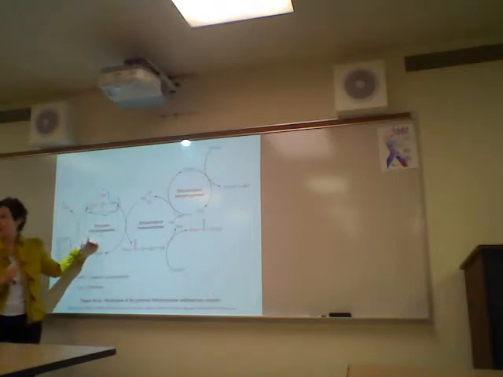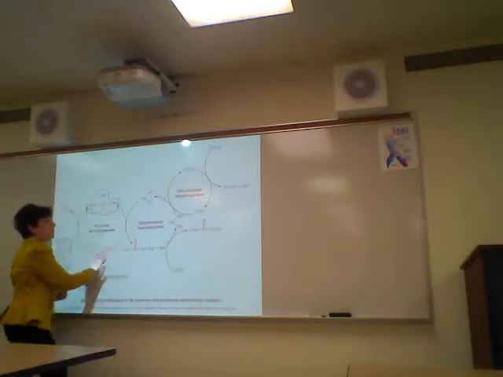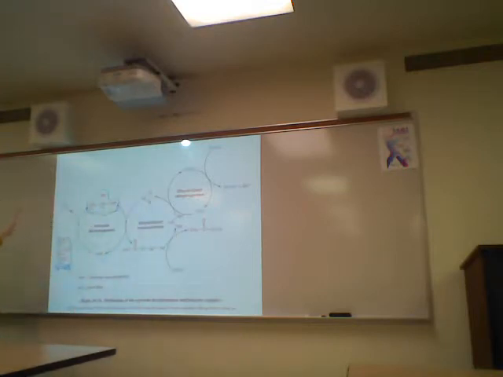You had 3 carbons in solution. You did a decarboxylation reaction, released 1, but in the process you left these 2 carbons attached to the first enzyme. And that's why the rest of these enzymes have these little swirls attached to them.